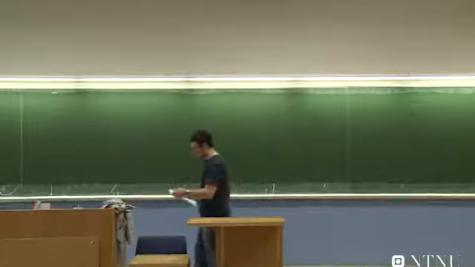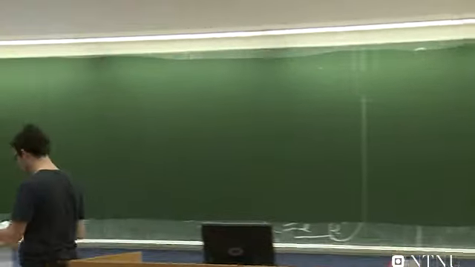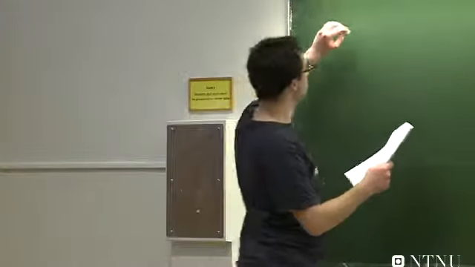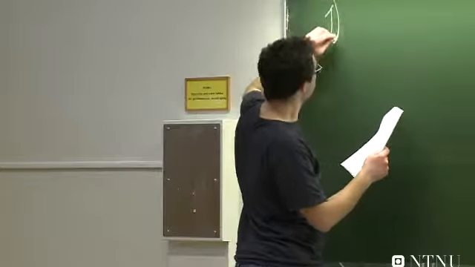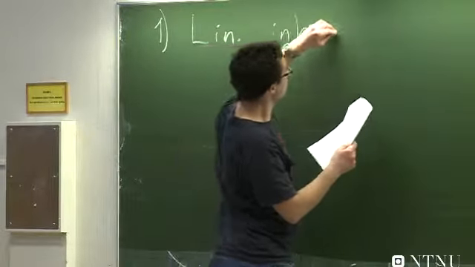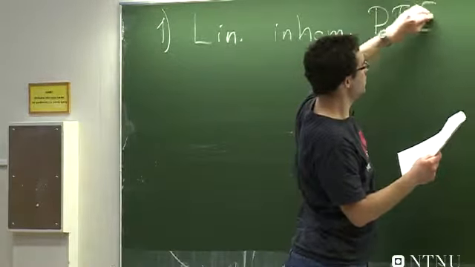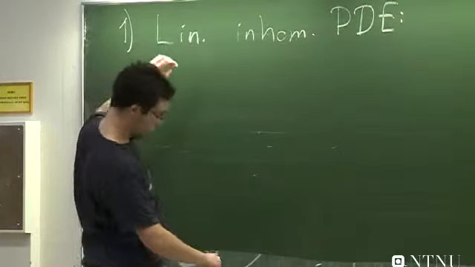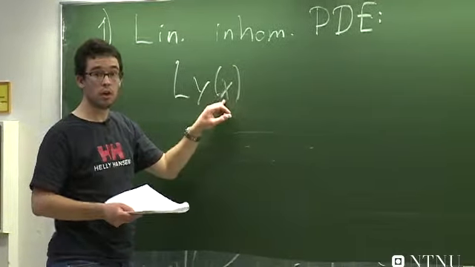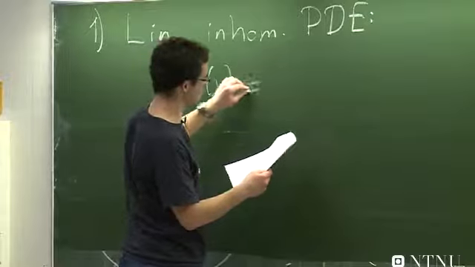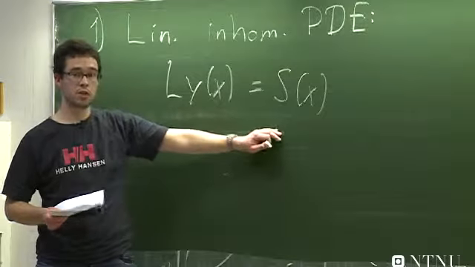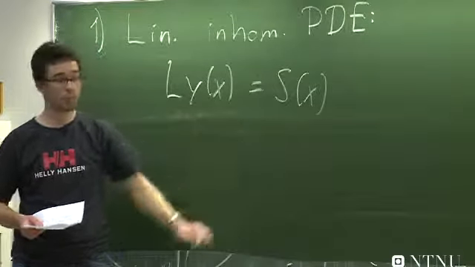Okay, so a brief recap of what we did with the Green's function. First of all, we're interested in solving an inhomogeneous linear partial differential equation. So it's a linear inhomogeneous partial differential equation on the form L y of x. X could be in one dimension or several dimensions, doesn't matter. It's equal to some source term. And we wanted to solve this partial differential equation for many different source terms.